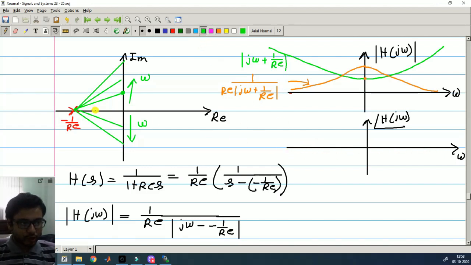So the phase response will be governed by these angles, and you see that as ω increases, this angle increases. In the extreme case, it will be 90 degrees. So that plot will be something like this. It starts from 0 here and then goes to 90 degrees, and on the other side it starts from 0 and goes to minus 90 degrees.